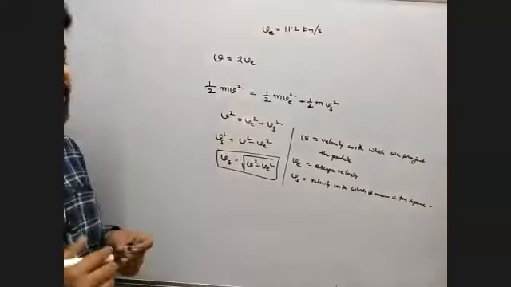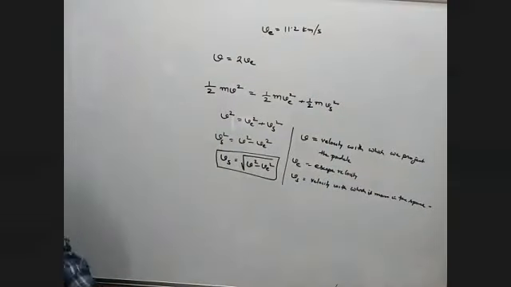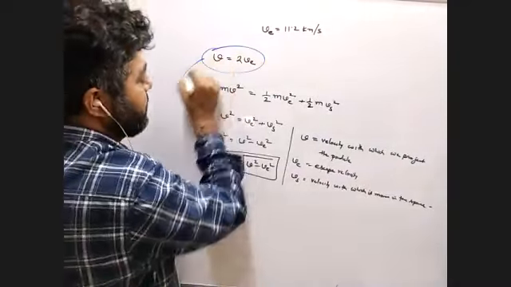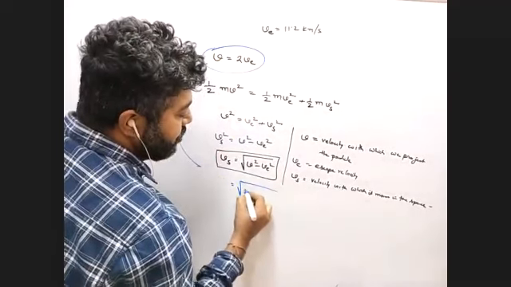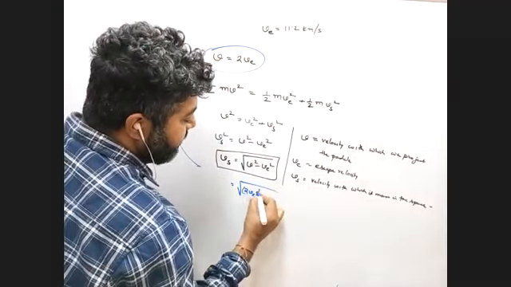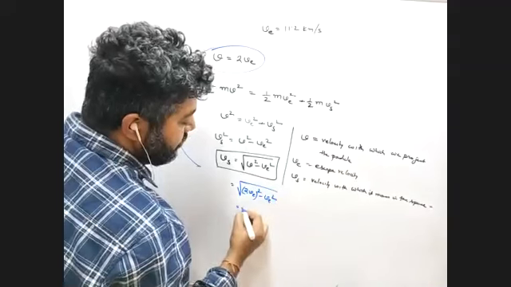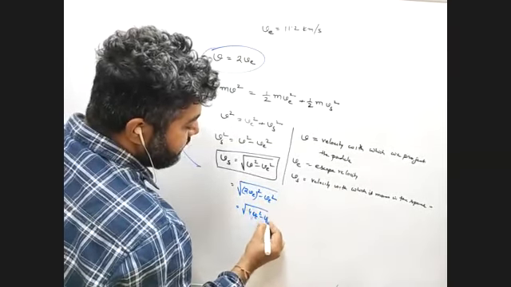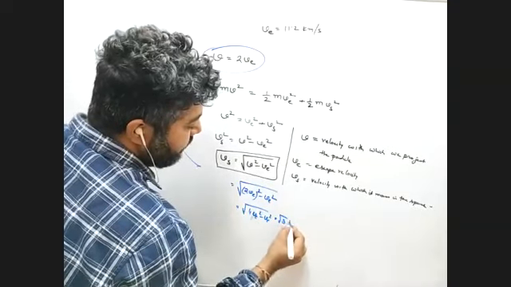Is it clear? So according to this, my answer is root under 2ve square minus ve square, that is 4ve square minus ve square, root under 3 ve. Is it clear?